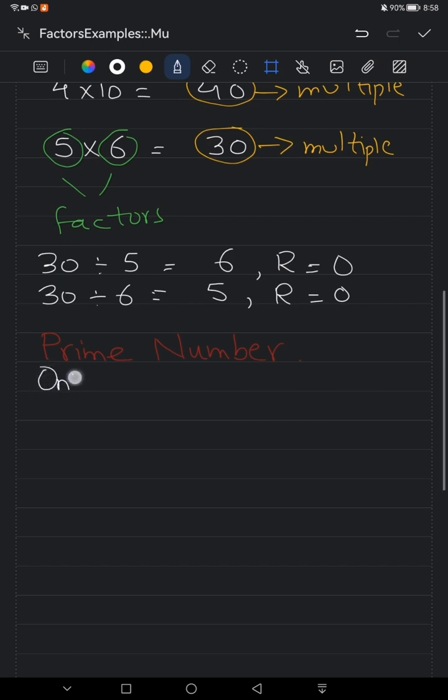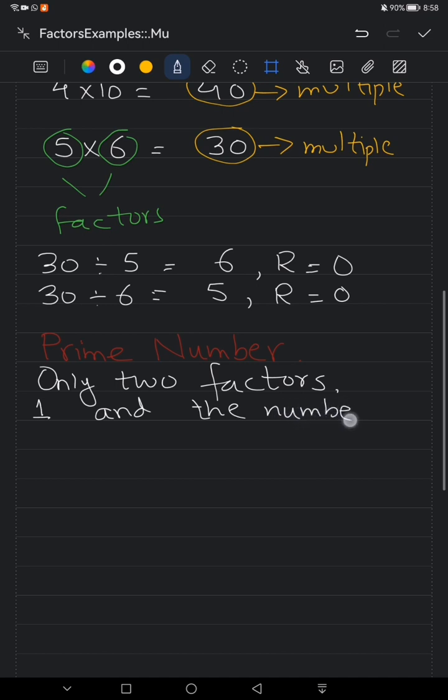It comes in only two tables. Which two tables? 1 and the number itself. So a prime number is a number which has only two factors, 1 and the number itself.